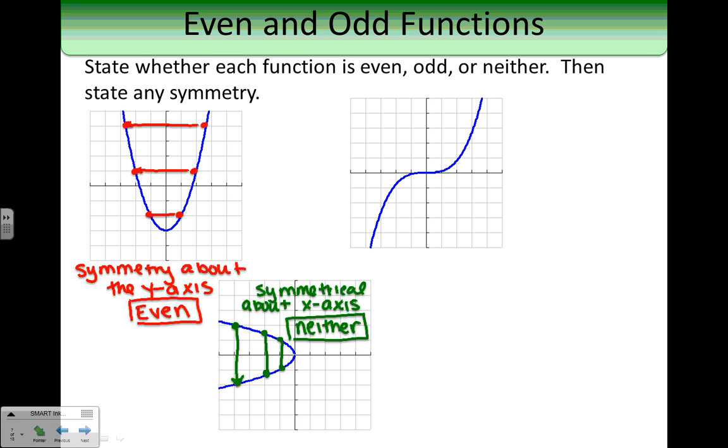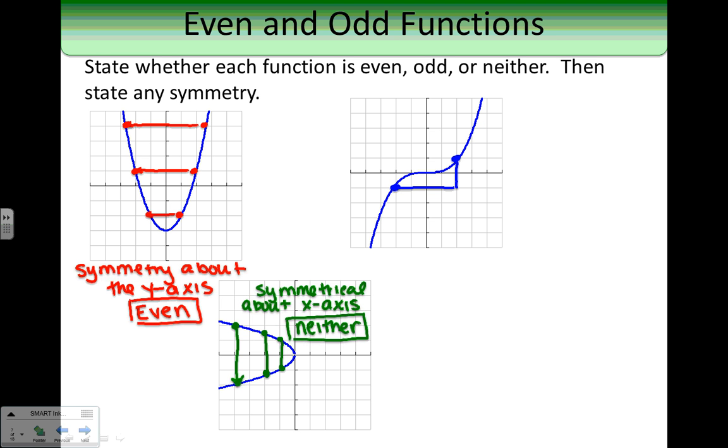Okay. This next one, we can see that the points, so if we have a point here, I don't have anything that reflects across the x-axis only, and there's no points that reflect across the y-axis only. But if I were to put those together, this point, if I were to reflect it across the x-axis and then the y-axis, I would get symmetry about the origin.